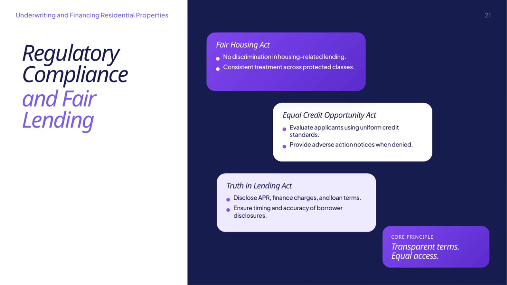This means lenders must treat all applicants consistently, regardless of protected classes, and provide transparent terms to ensure equal access to housing finance. Together, these regulations form the core principles guiding fair and compliant underwriting and financing practices in the residential property market. They protect consumers and promote fairness throughout the lending process.